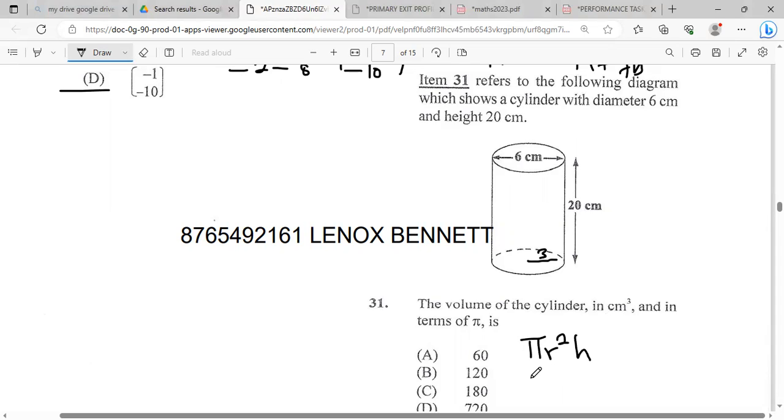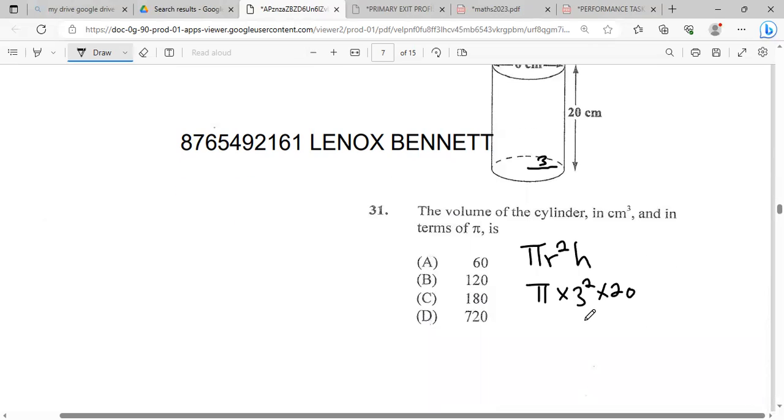The radius is 3, so it's going to be 3 squared multiplied by 20. 3 threes are 9. 9 times 20 is 180. So that's 180 pi. In terms of pi, it would be C, 180.